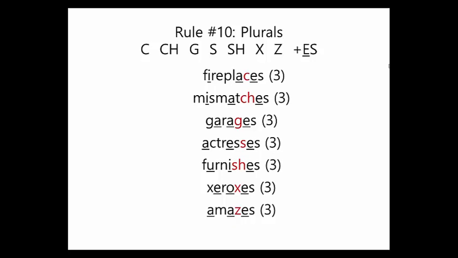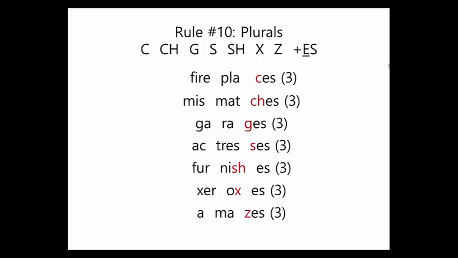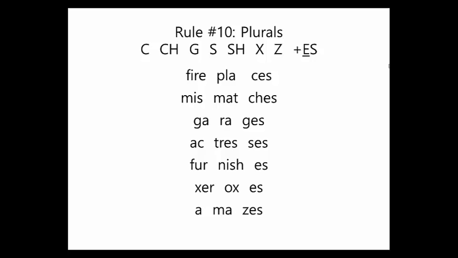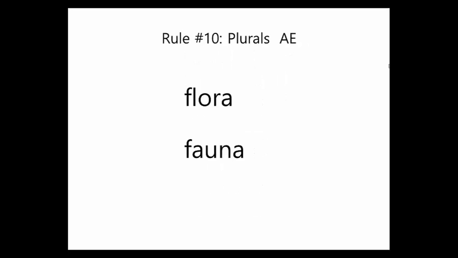Divide the words into parts. Check to make sure that the number of parts matches the number of vowel sounds. Sound out the words. There are many scientific words that end in a, and sometimes these words form the plural by adding s, and sometimes by adding an e.